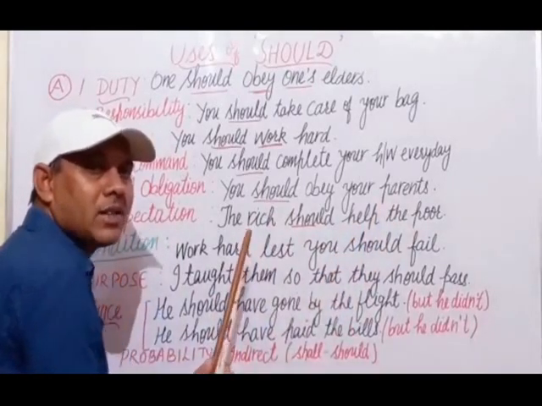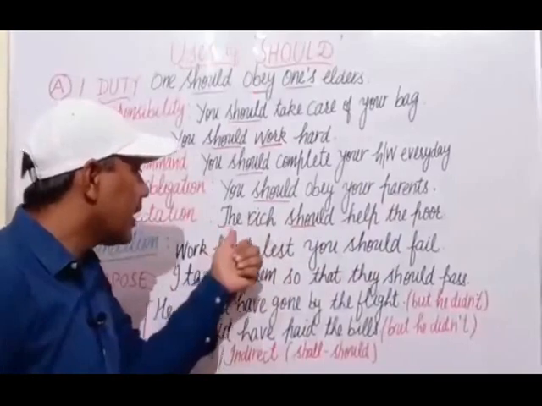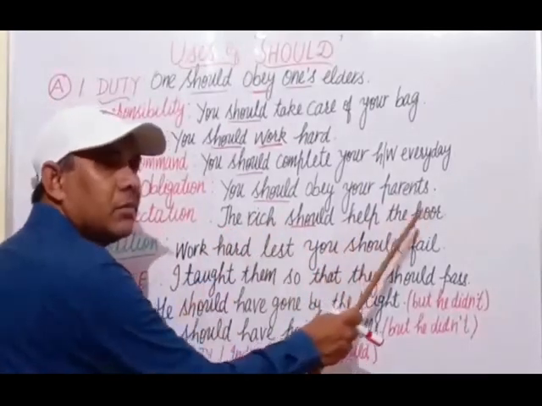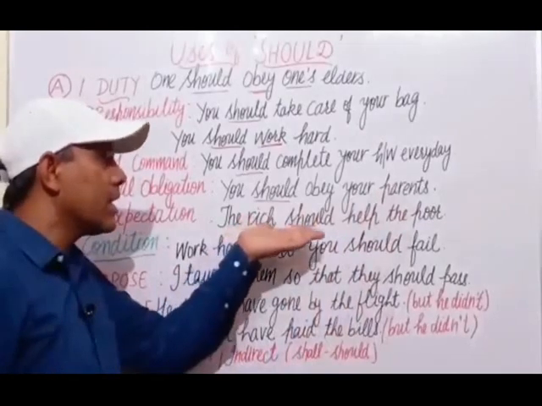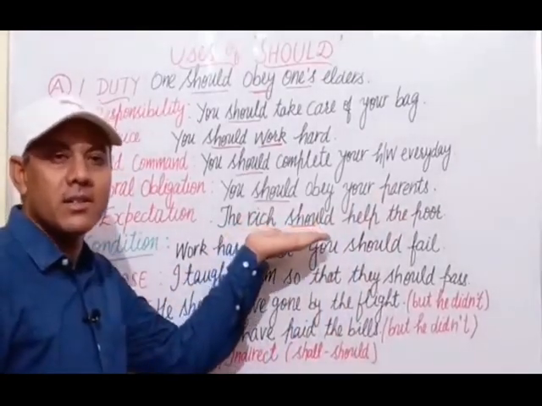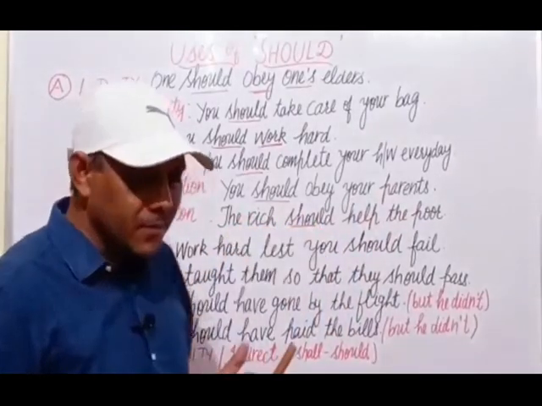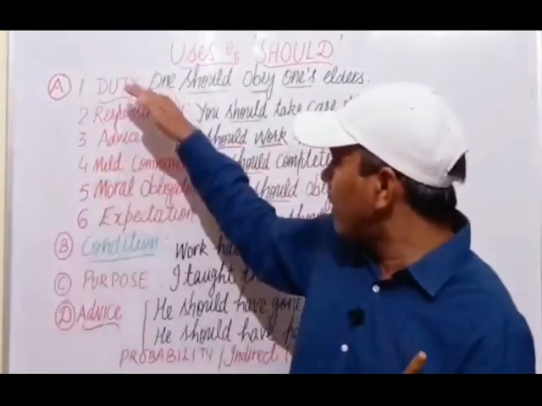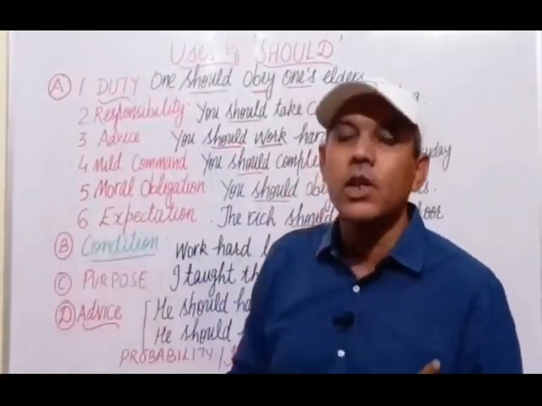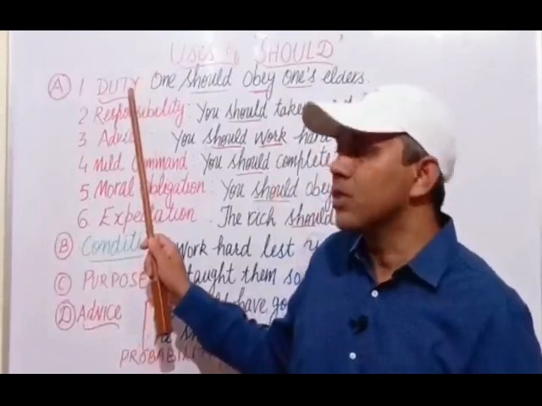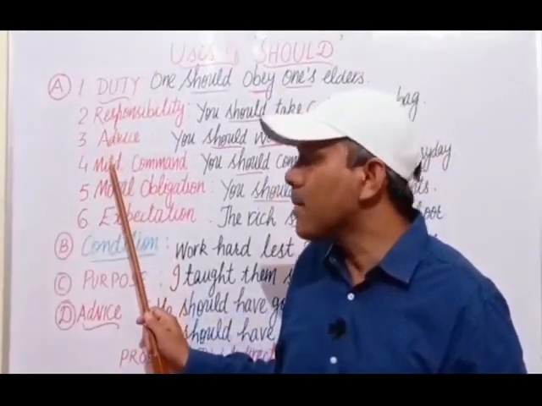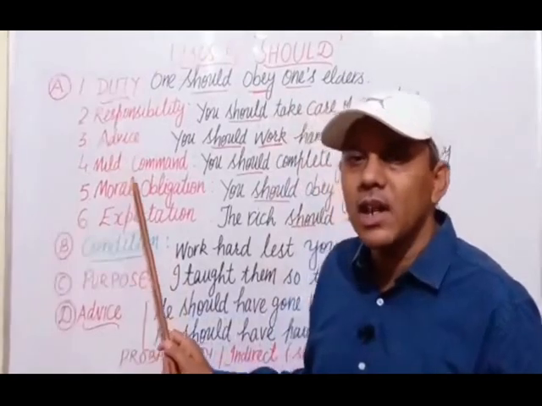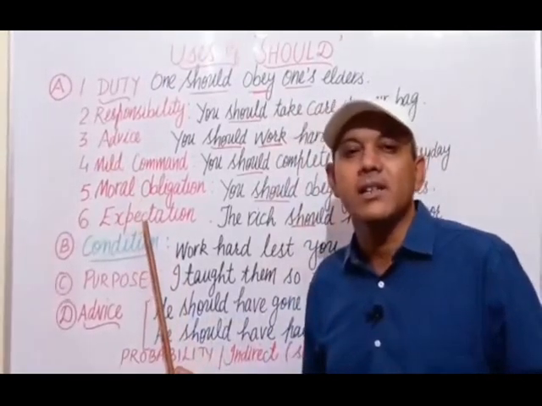The rich should help the poor. This is our expectation. And this is the one group of sentences in which should is used for duty, responsibility, advice, mild command, moral obligation, and expectation.